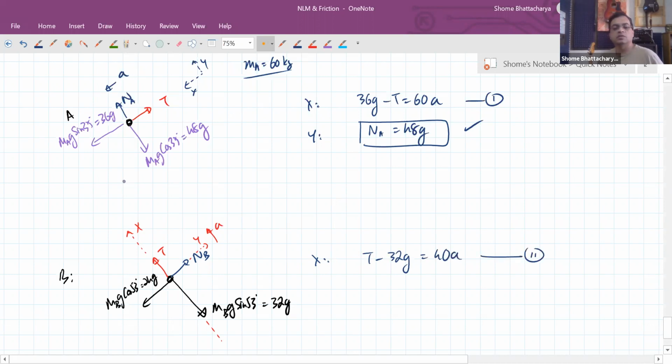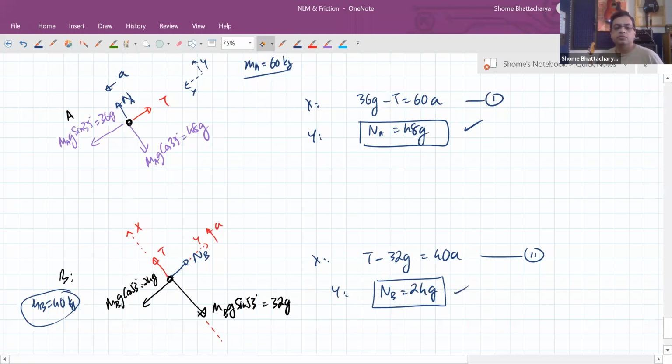That's our second equation, because remember, mass of B was 40 kg. And of course, along the y-axis, the normal reaction balances 24g. So that is a complete equation in itself. We don't need it.